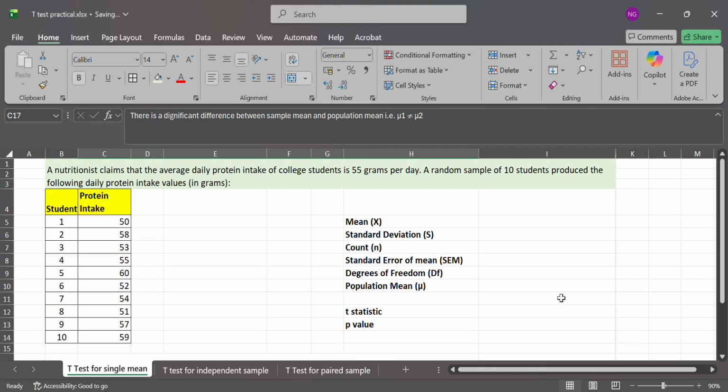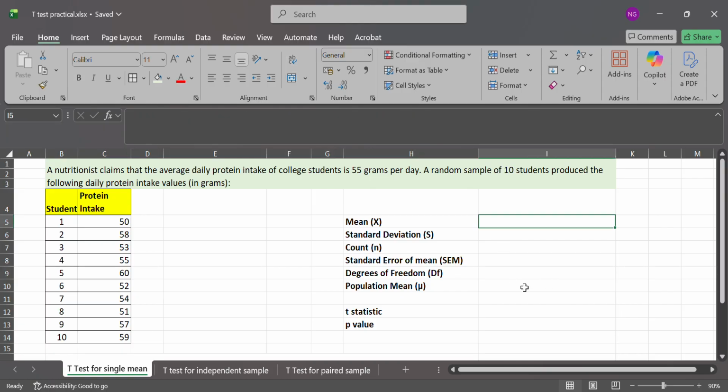So now as we know, the formula of one sample t-test is t is equal to sample mean x bar minus population mean, which is mu, divided by standard error of mean. So for that we are going to compute all the values on Excel.